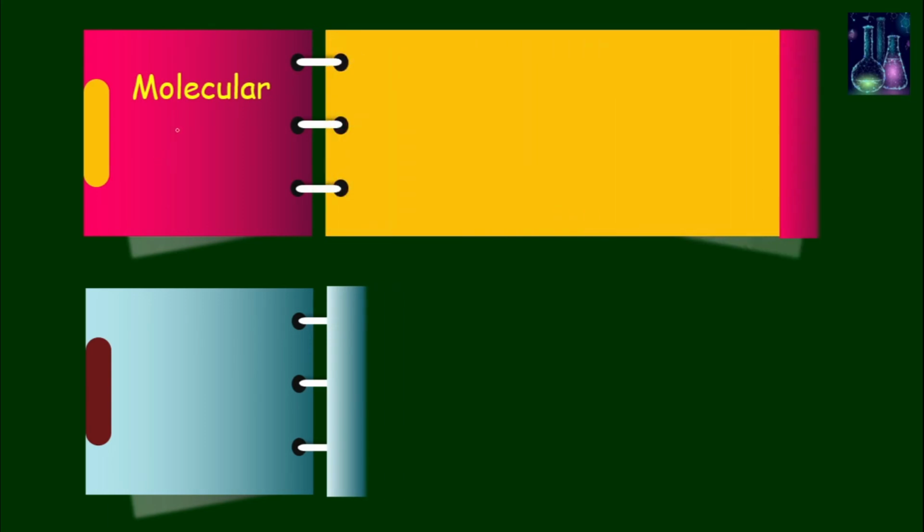The molecular formula for butan-2-ol is C4H10O, and butanoic acid is C4H8O2.